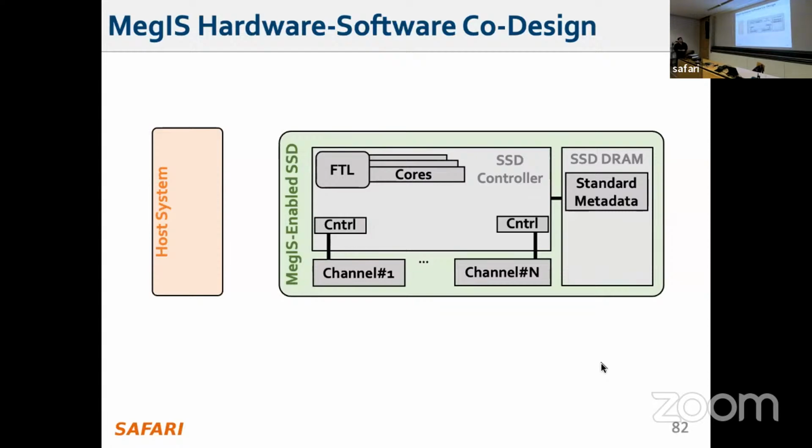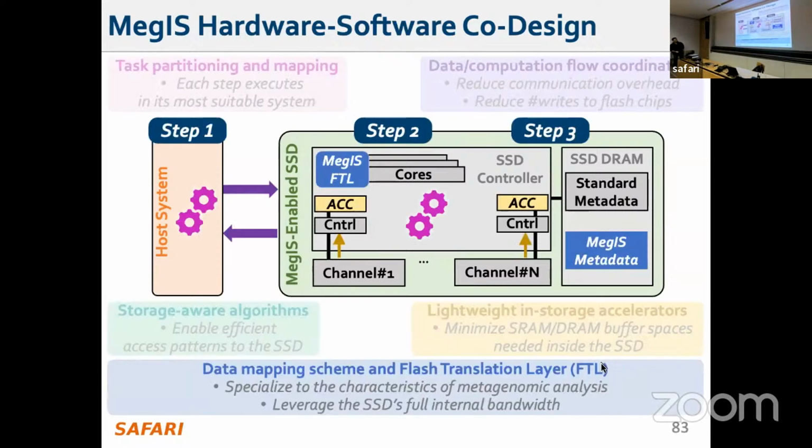Then what you can do is co-design your storage system such that you orchestrate how you move the data from the host system, because some of the steps may not be so costly that you can maybe use CPUs. But then how do you orchestrate the data between the host system and the SSD such that perhaps you don't access the data randomly in the SSD?